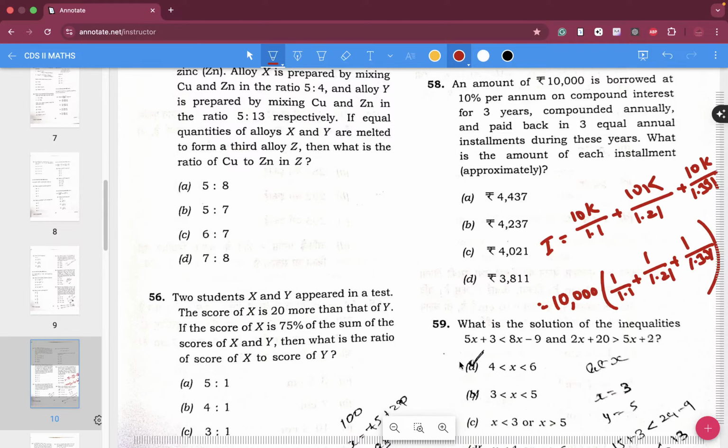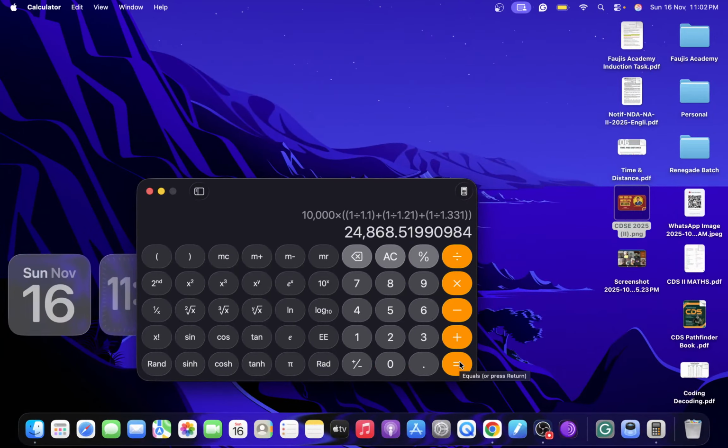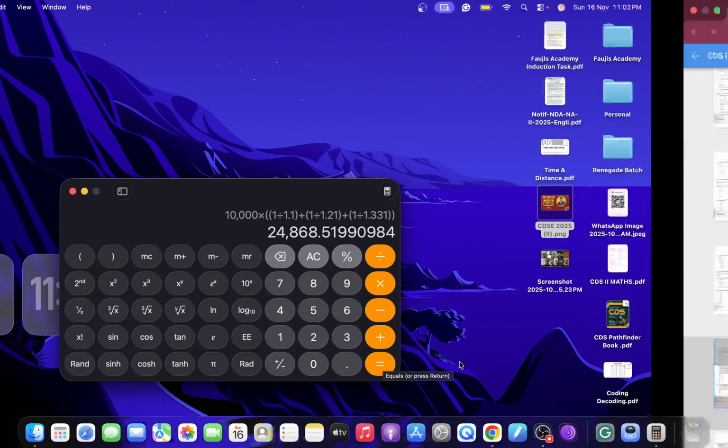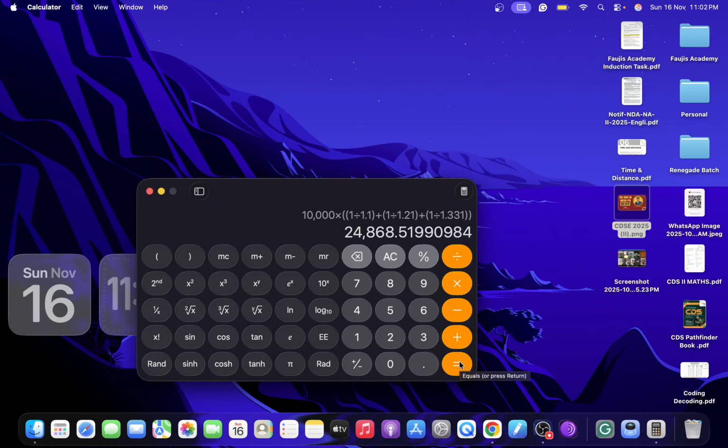Did we do any calculation error somewhere? Okay, 3 equal installments. 1000 divided by 1 divided by 1.1, 1 divided by 1.21, 1 divided by, 1000 into this particular value plus. Let me do this calculation on my phone once.